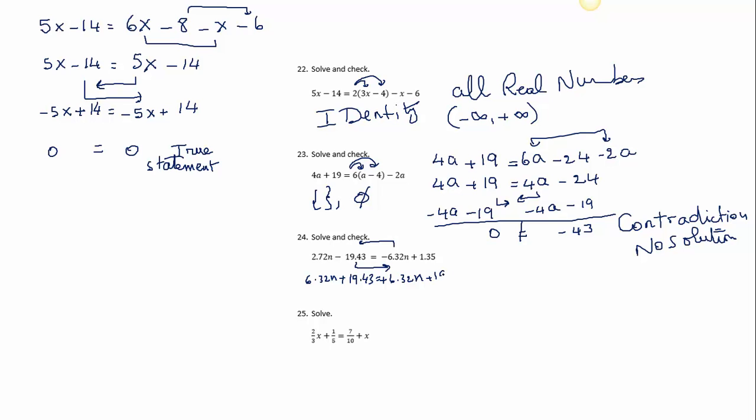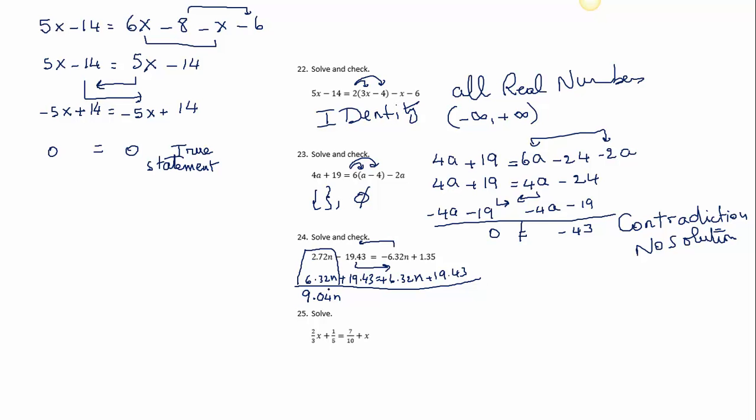So add 19.43. And let's do the addition now. Okay, adding these two together. So 2 plus 2, 4. Let's leave the n here. 7 plus 3, 10. 0, carry 1. Bring down the decimal. 6 plus 1, 7 plus 2, 9.